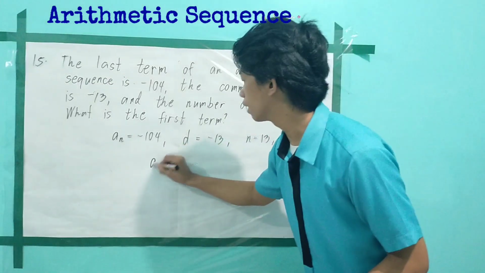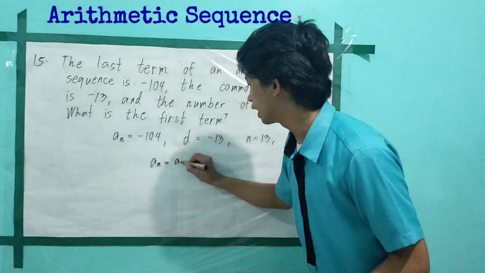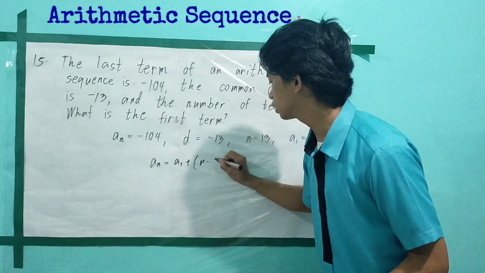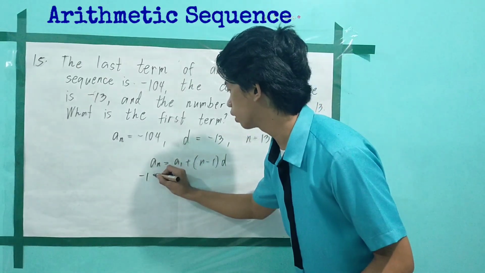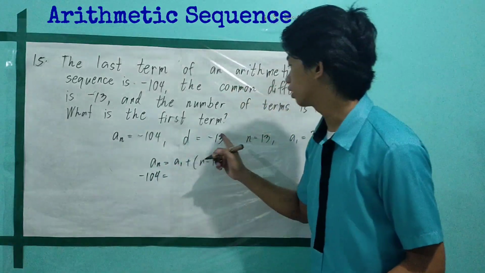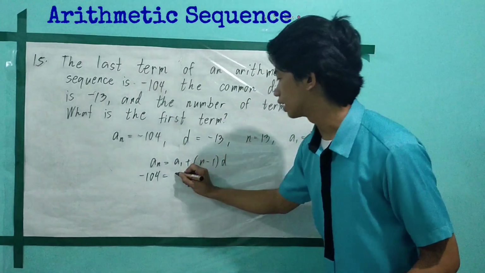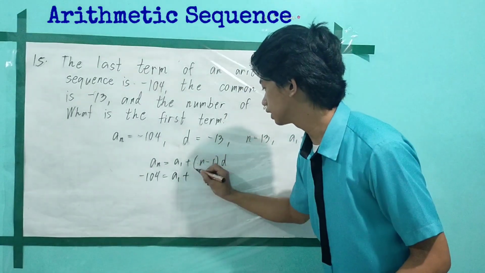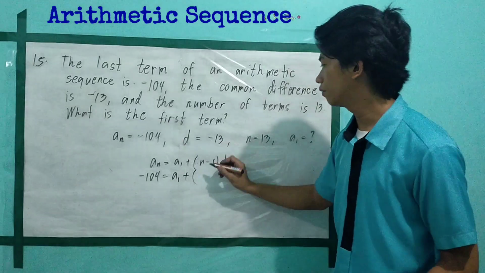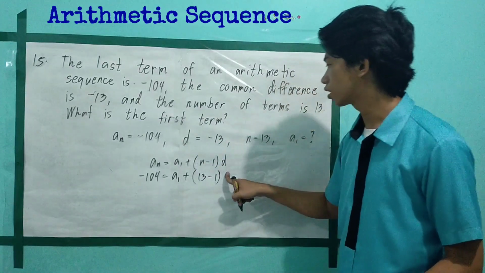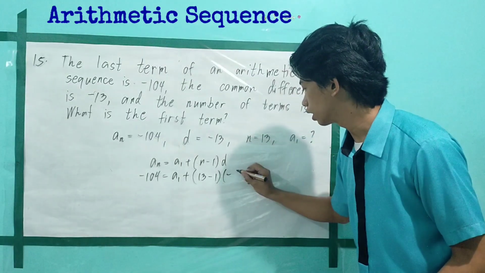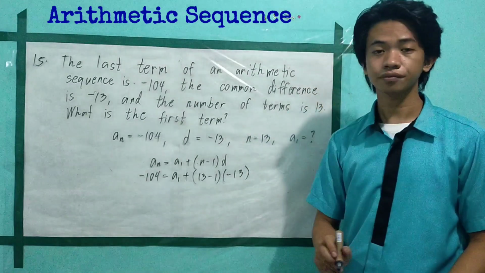Using our formula, we have a sub n is equal to a sub 1 plus n less 1 multiplied to the common difference. By substituting, we have negative 104 is equal to, ano yung a sub 1 natin? Wala. So, yun yung hinahanap. Plus, number of terms, we have 13. Less 1 multiplied to the common difference, which is negative 13.